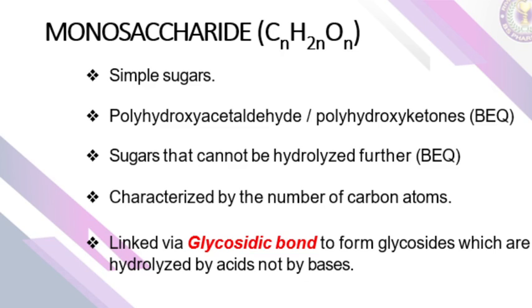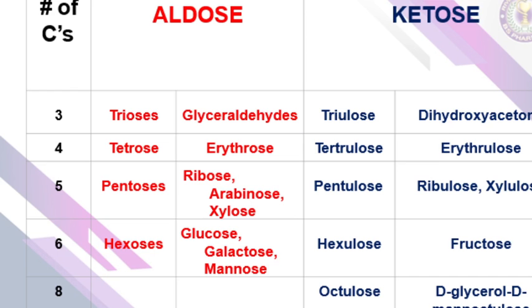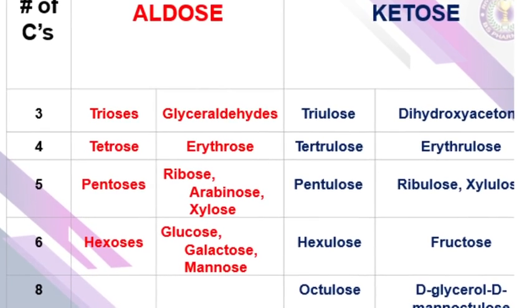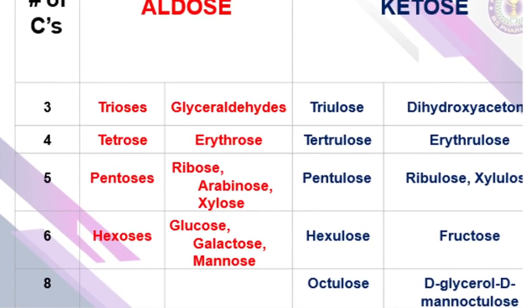It is linked by a glycosidic bond, and as from our prelim, the glycosidic bond is formed by a dehydration process, in which you draw out water, but it is hydrolyzed by acids, not by bases.